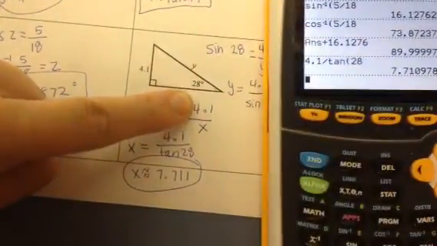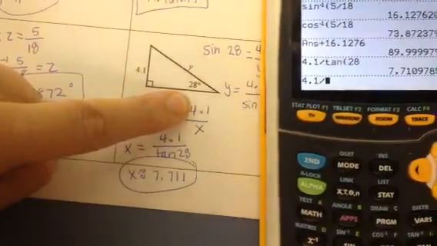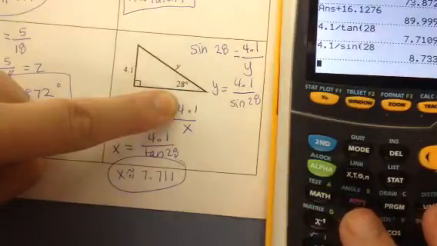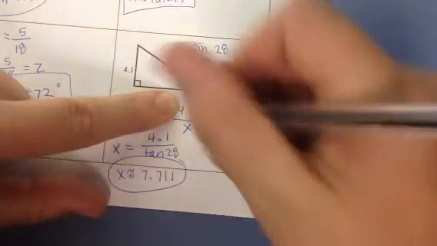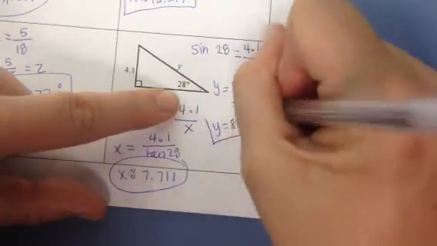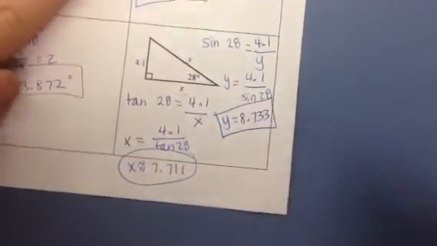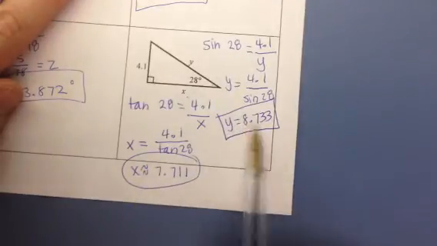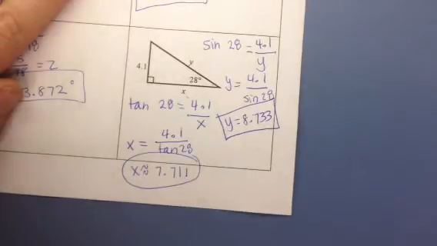So 4.1 divided by the sine of 28, I get 8.733. You could check these with the Pythagorean theorem if you wanted to. 4.1 squared plus 7.711 squared should equal 8.733 squared. All right, that's it.